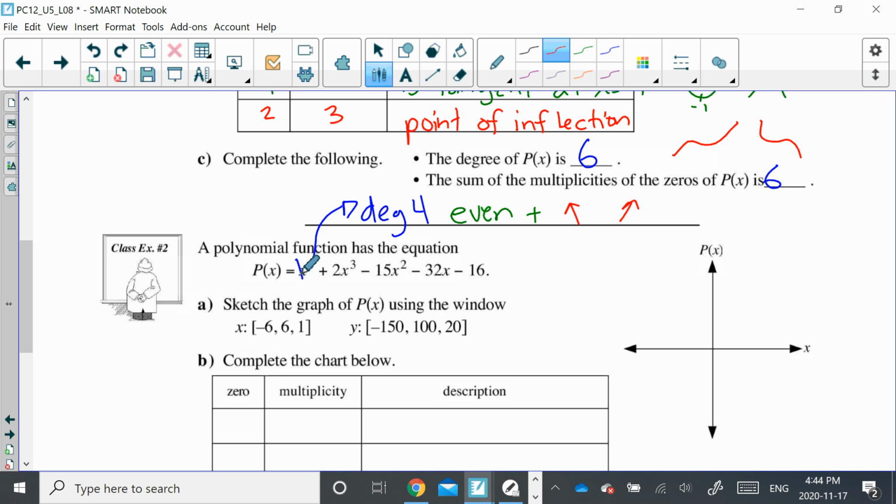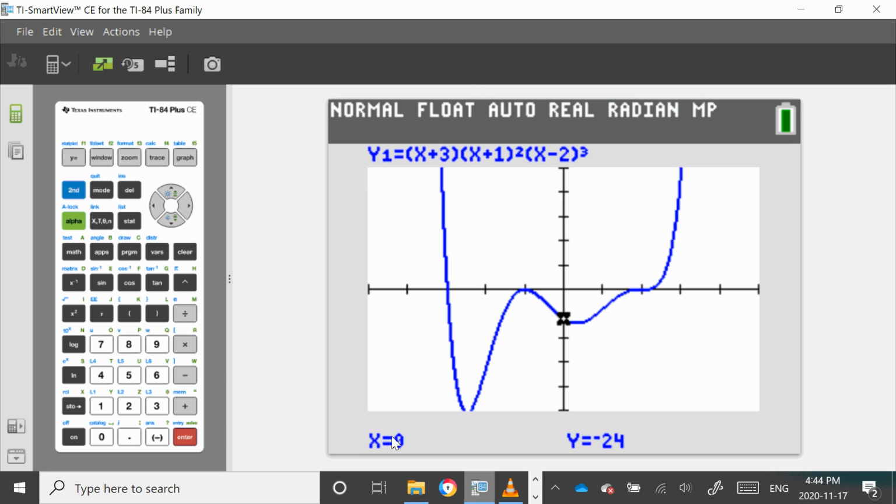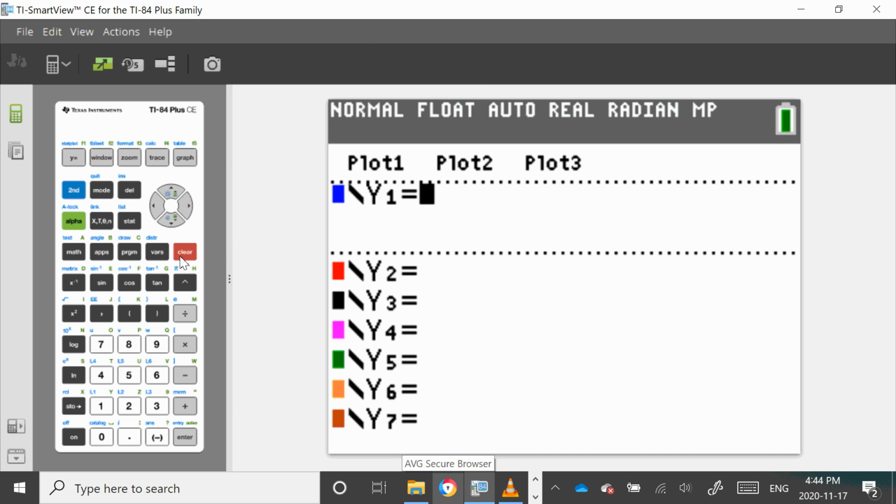Okay, we're going to punch this into our calculator and we're going to change our window. So they want x min, x max, scale, y min, y max, scale. So let's take our calculators out. Let's clear this, and it's not factored, it's in expanded form. So let's write that function in.